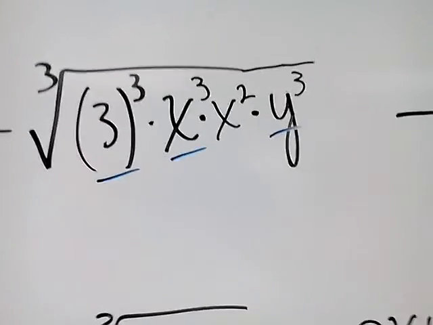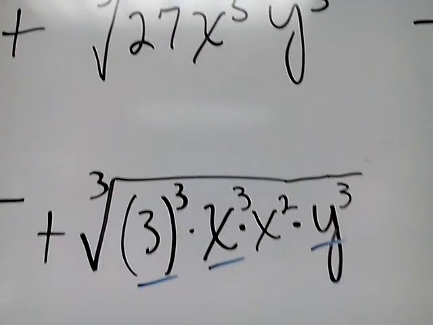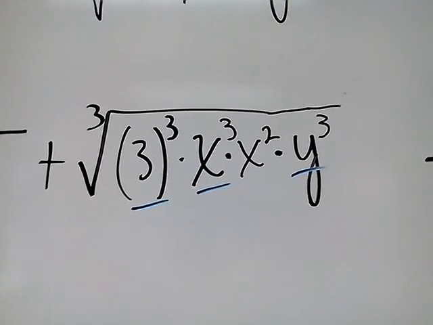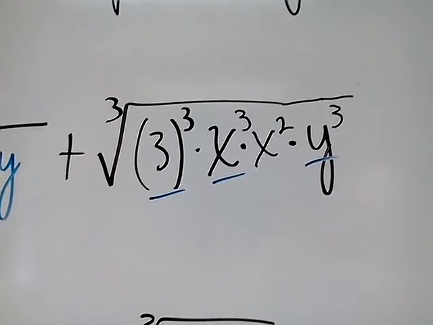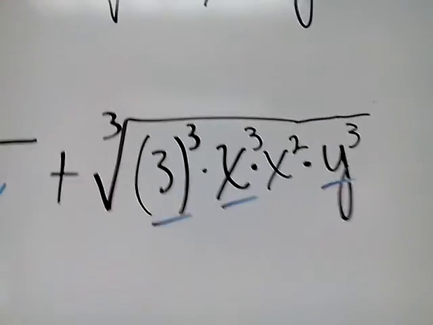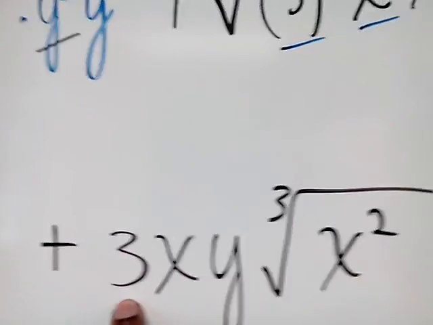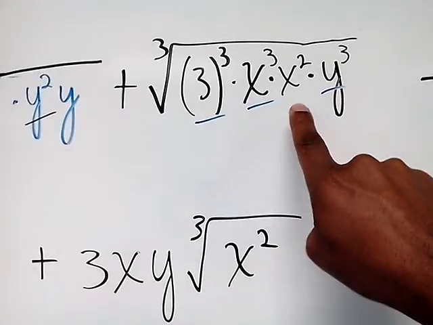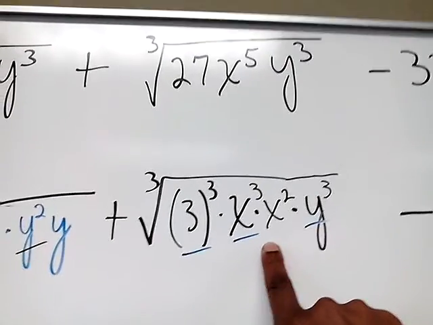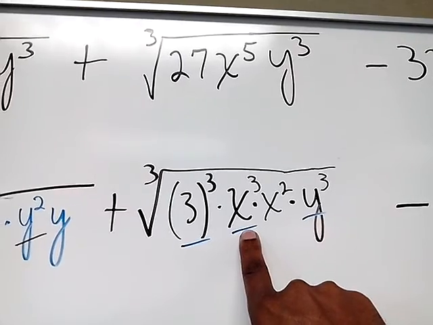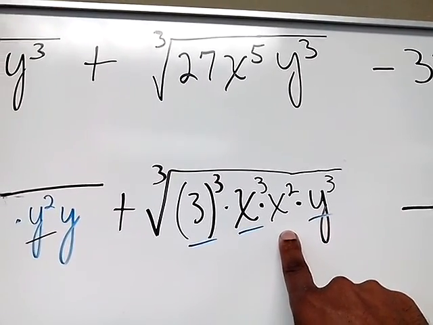In our next term, well, we took 27 and broke it down into 3 to the third power because 3 times 3 times 3. So 3 is our base here. So we bring that out. We break x to the fifth down into x to the third times x to the second.